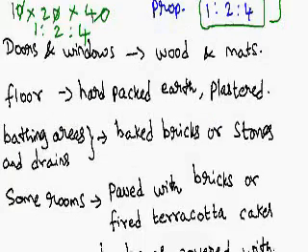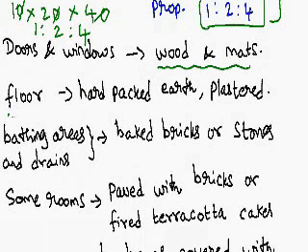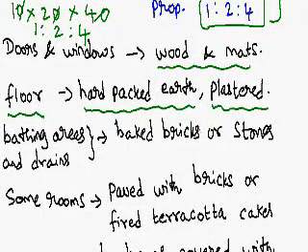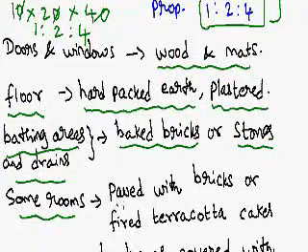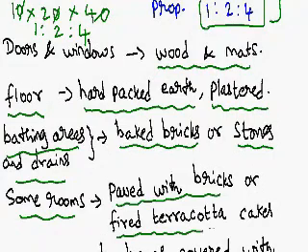Fine. Now the doors and windows, they used wooden materials. For the floor, they used hard packed earth, and sometimes it was plastered also. For the bathing areas and drains, baked bricks or stones were used. Some rooms were paved with bricks or fired terracotta cakes.